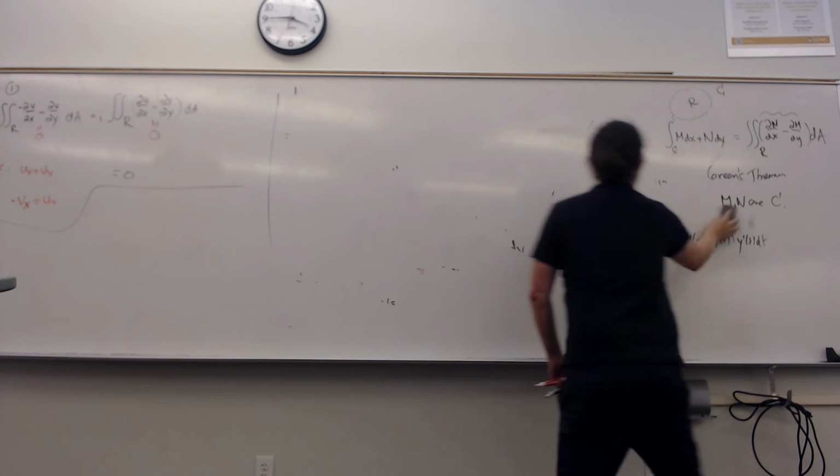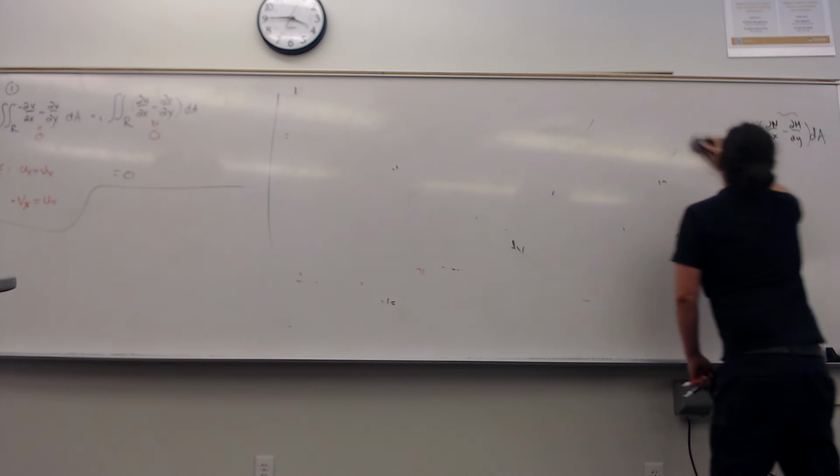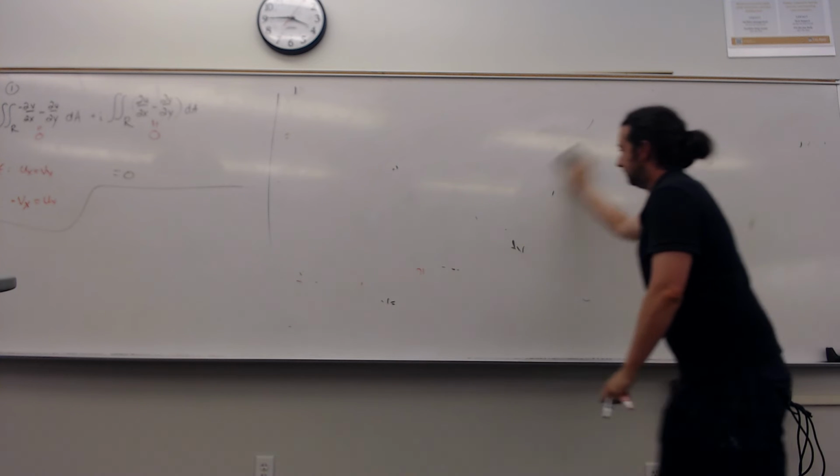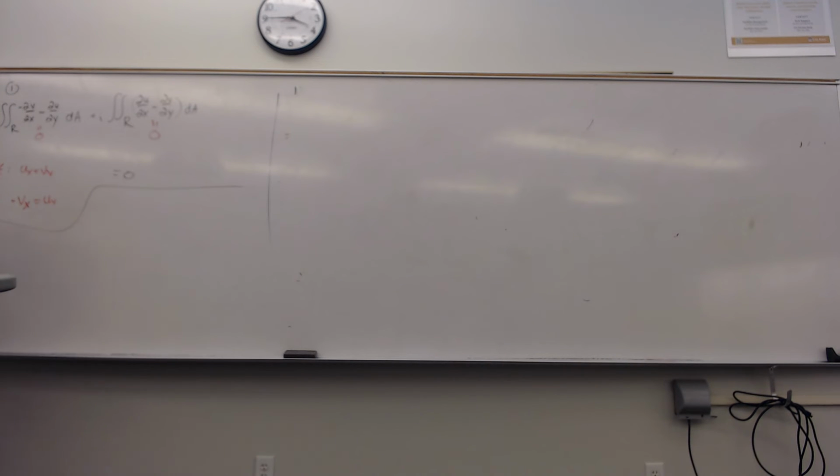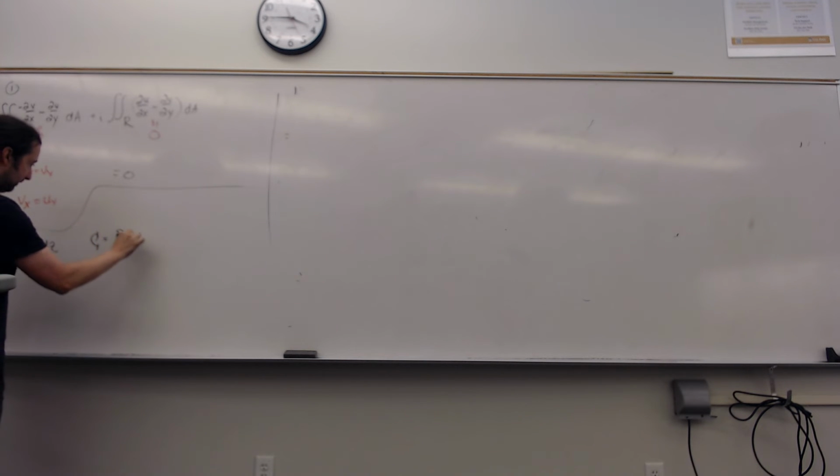So, what we have now, let's do an example. I like examples. Let's integrate the cosine of z dz over some contour C, where C is the set of all z's so that the absolute value of z is equal to 3.